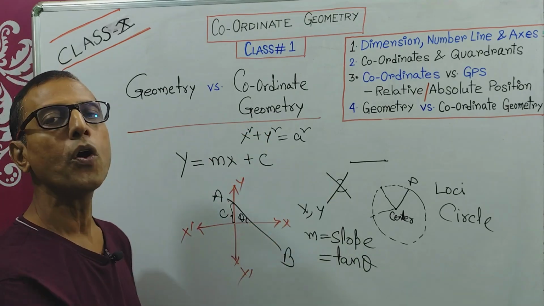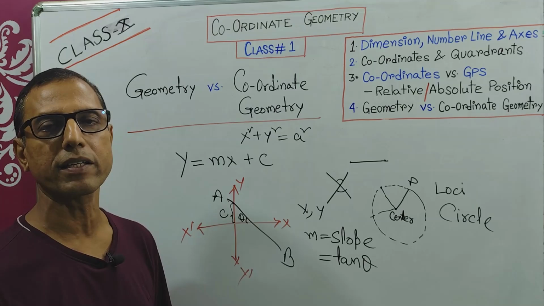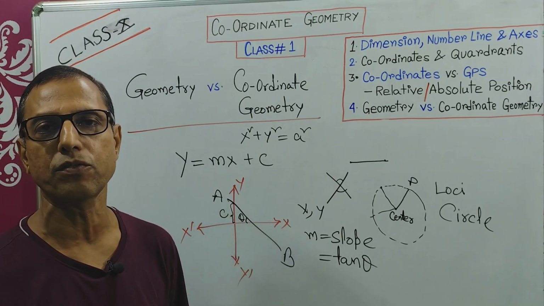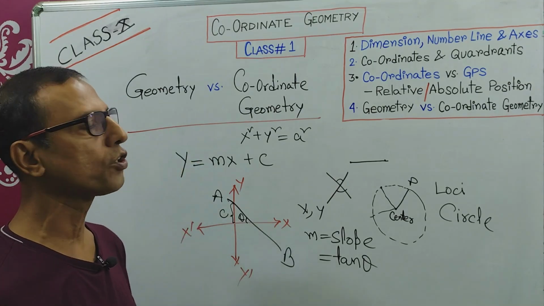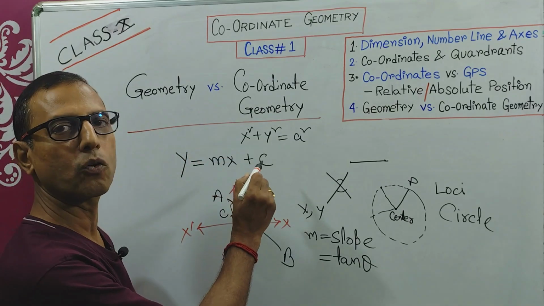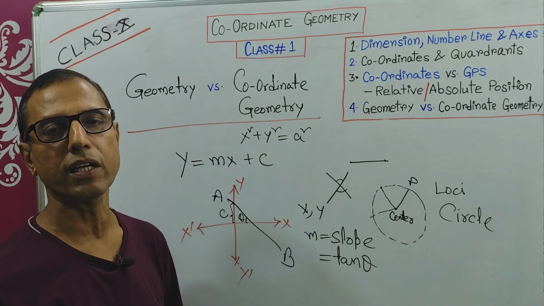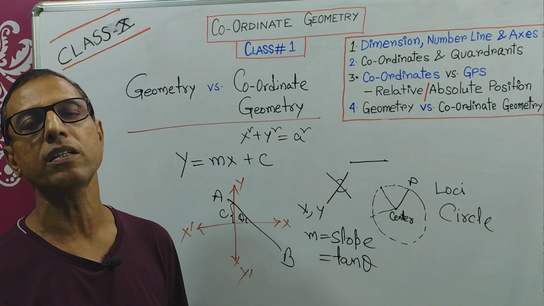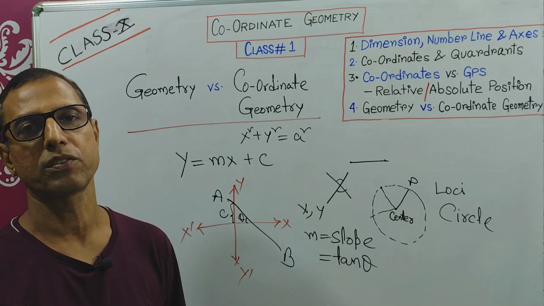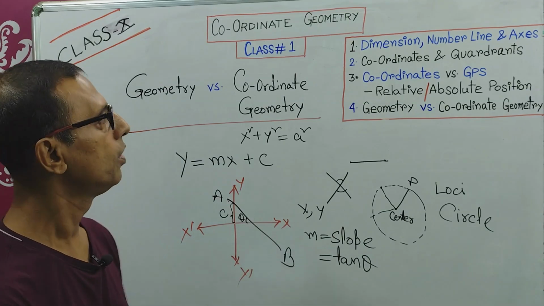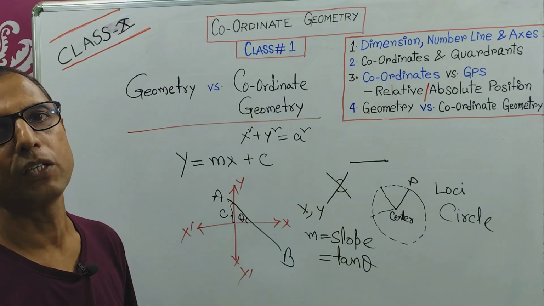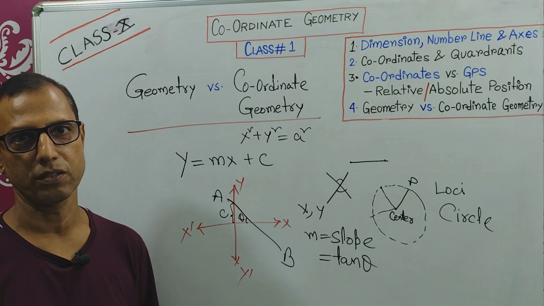So there is no algebraic expression required for geometry, but for coordinate geometry you need the coordinates and the algebraic equation to represent the shape of a geometric figure. That is the basic difference between geometry and coordinate geometry.